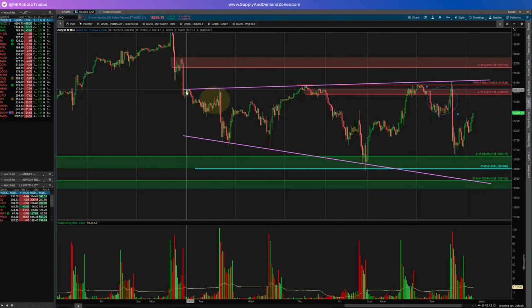So we reached the top of the trend line, we sold off, we consolidated in after hours, and then in market open we ripped up, touched the top of the trend line, and then we sold off, right? Well, that's exactly what happened here, and the circumstances were the same.